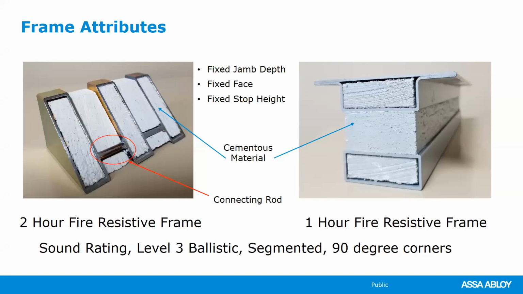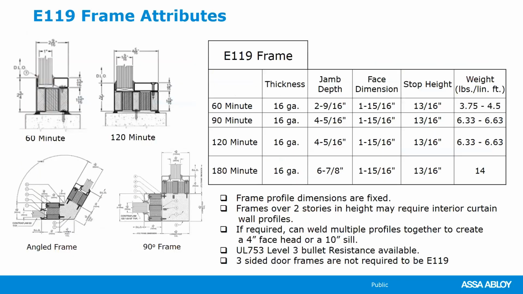There are other capabilities for E119 product other than just fire. We can provide sound rating, level 3 ballistic product, and also segmented and 90-degree corners. Looking at the frame attributes, you can see the difference in the 60 and 90 minute, where the product is anchored here and here.